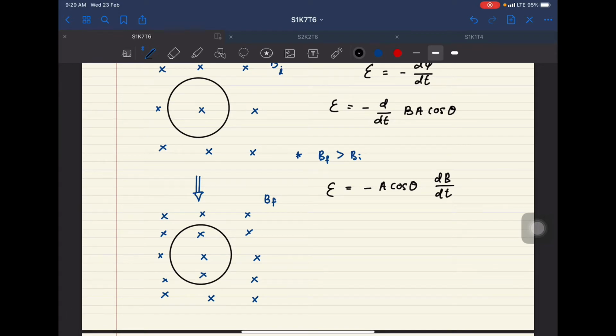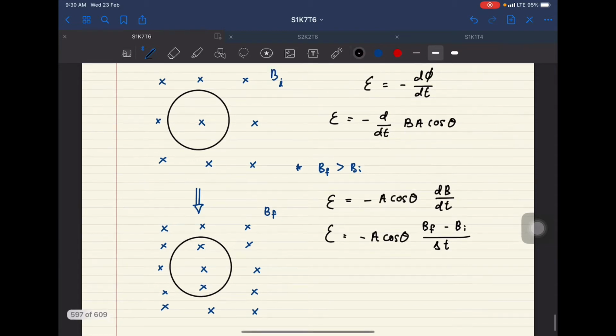So I can write dB over dt as B final minus B initial over delta t, the total time taken for the magnetic field to change. So here is delta t, the time taken from B initial to B final. It should be final minus initial.